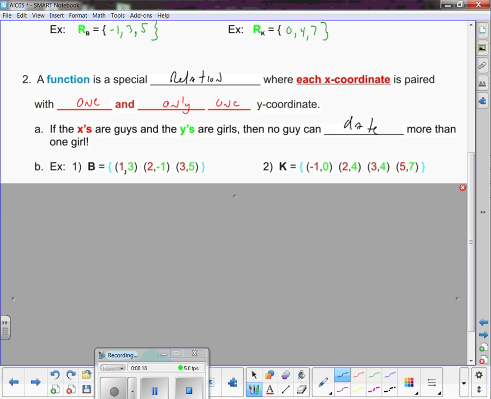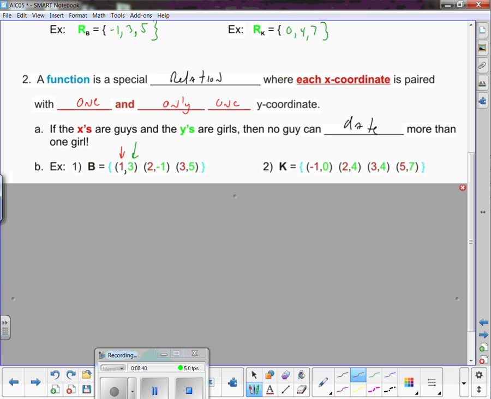Again, if you go back and think about a computer, the X's are the inputs. The domain is the input. And the range is the output. So if in this program you inputted a 1, the program would output a 3.